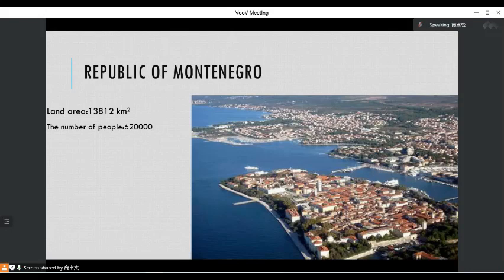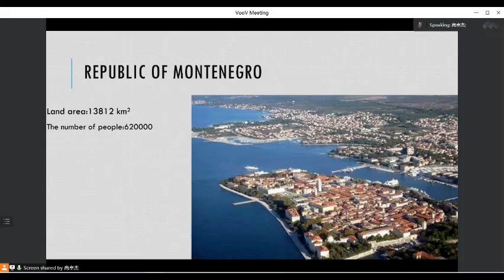This country is a European country. Its land area is about 13 thousand square kilometers, which is not much larger than Xuzhou.